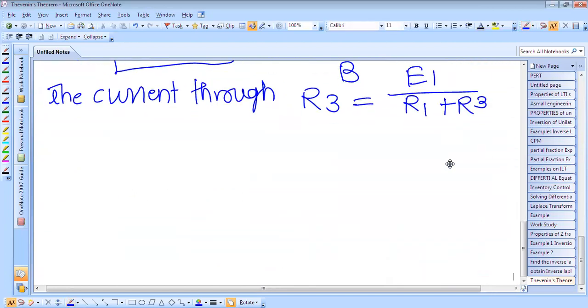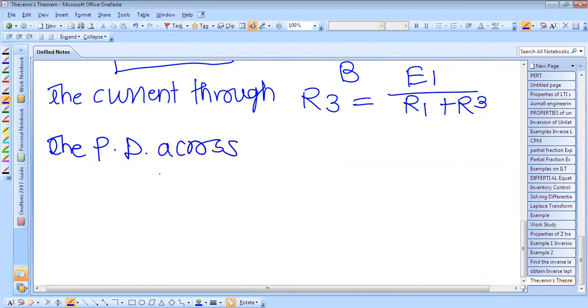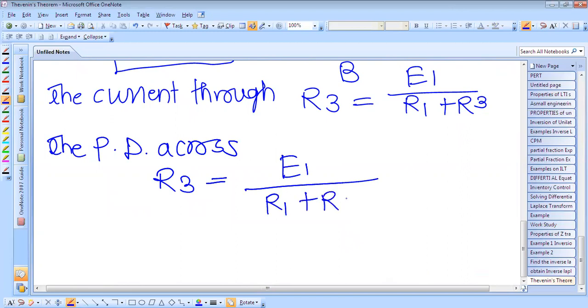Therefore, we write the potential difference across R3 is equal to E1 by R1 plus R3, into R3. So it is E1 into R3 divided by R1 plus R3. There is no current flowing through R2, as R2 is open.